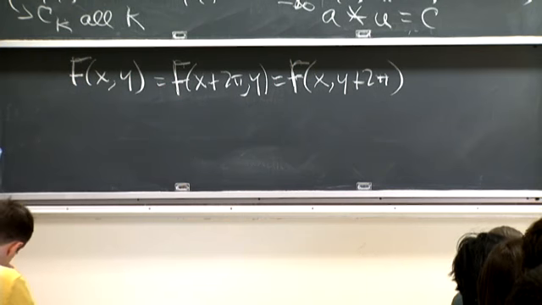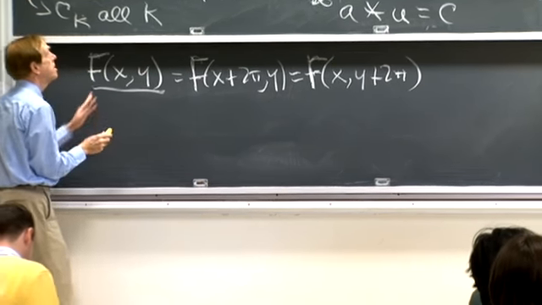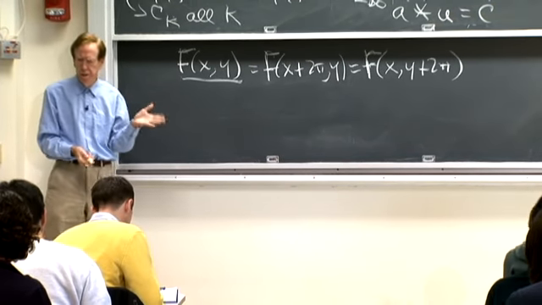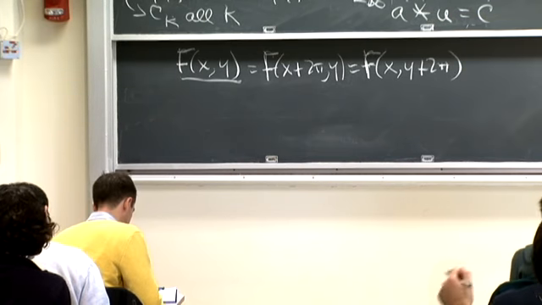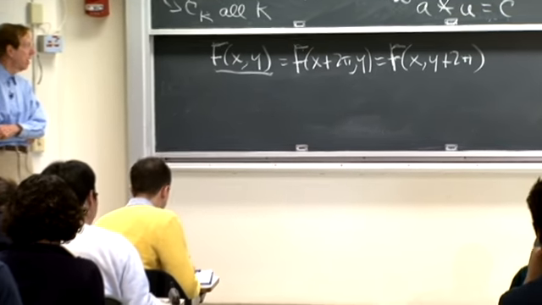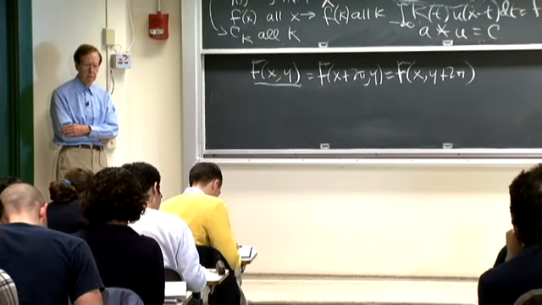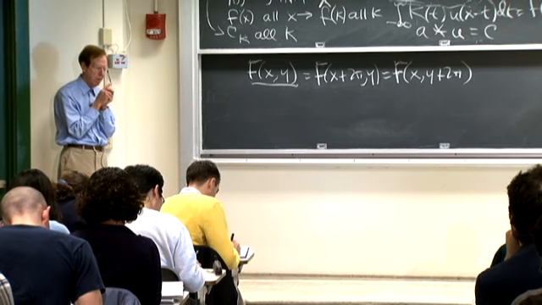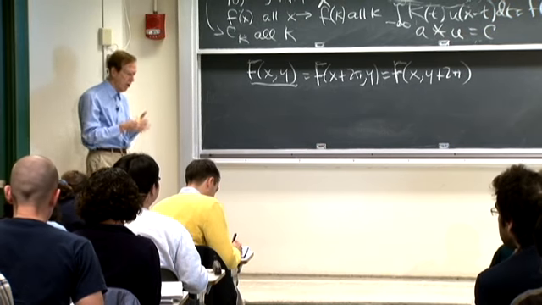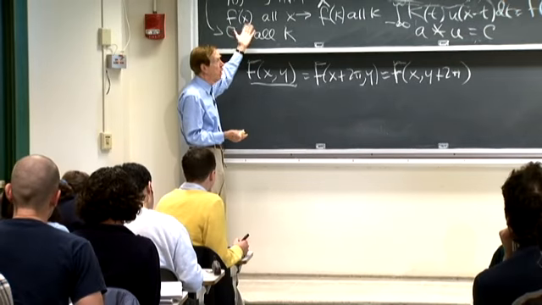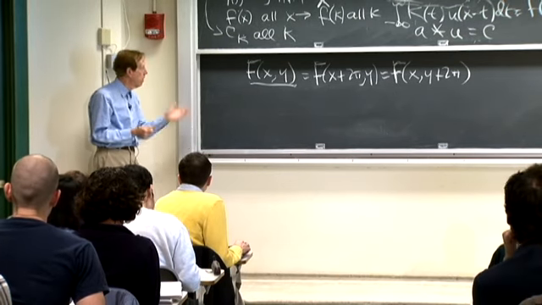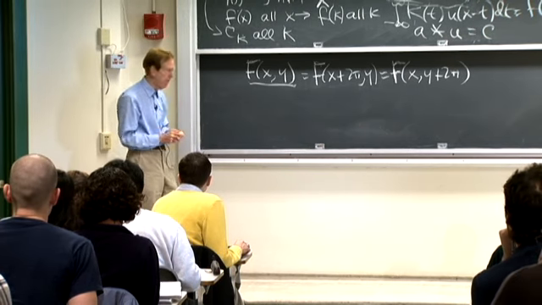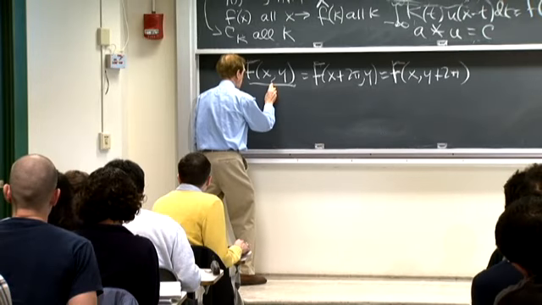So I have a function. This is given. It's in 2D now, and I want to write its Fourier series. So I'm just asking the question, what does the Fourier series look like for a function of 2 variables? The point is it's going to be a nice answer, and everything you know how to do in 1D, you can do in 2D. So let me write the complex form, the e to the i k stuff. How would I write this?